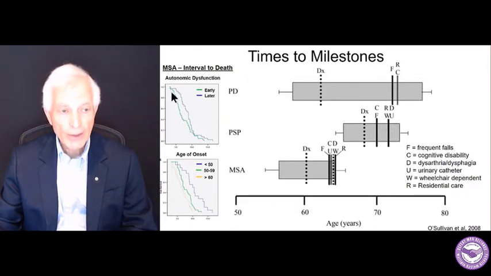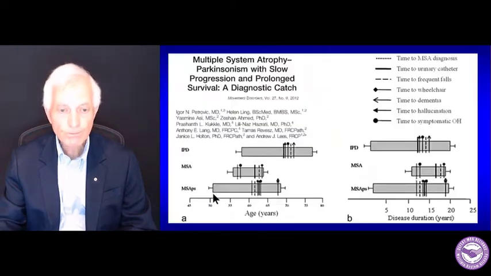So this is to death. So patients die earlier, the green line, compared to the later development of autonomic failure, like orthostatic hypotension, bladder problems, etc. Whereas if you have an early age of onset, under the age of 50, you tend to have a longer course, so you live longer with the disease than if you have an early or a late age of onset, I should say.